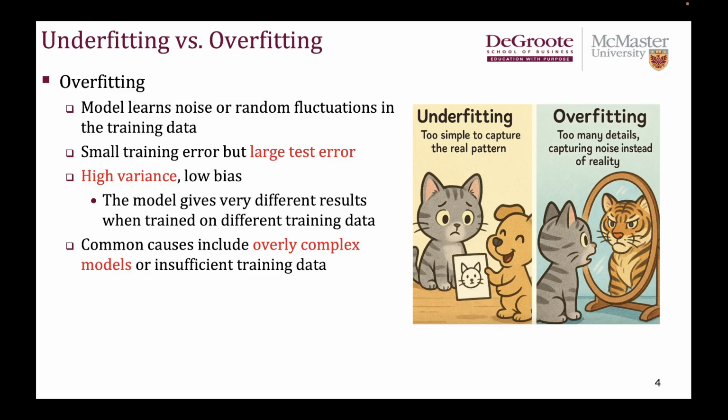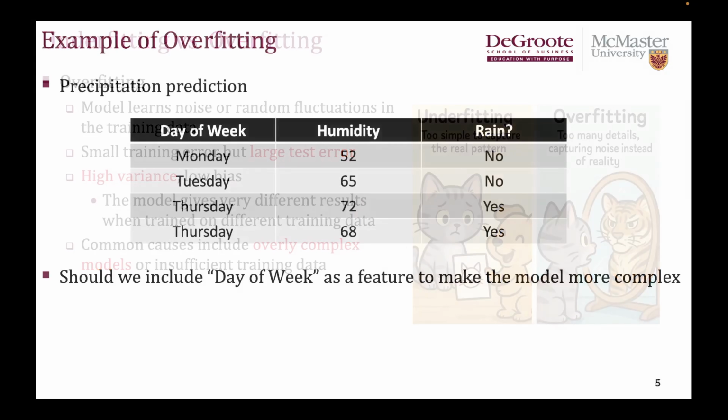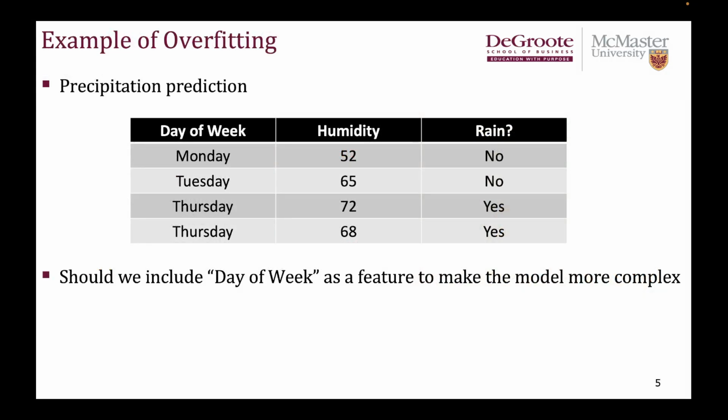Well, complex models allow you to include a lot of details, right? In general, it's good, but it's only good when you have a lot of data, okay? Let me give you one example, which is an example of overfitting, and that's also an outcome of using an overly complex model. So let's say we're predicting the weather outcome, specifically whether or not it's going to rain, based on the main factor, which is humidity.